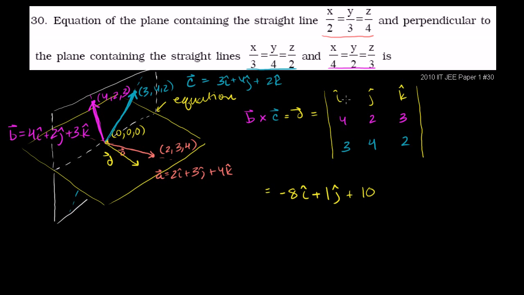Then j, you cross that out. 4 times 2 is 8, minus 9 is negative 1, but the j has a negative, so that's right. And then k, 4 times 4 is 16, 16 minus 6 is 10. So that looks right. So plus 10k.